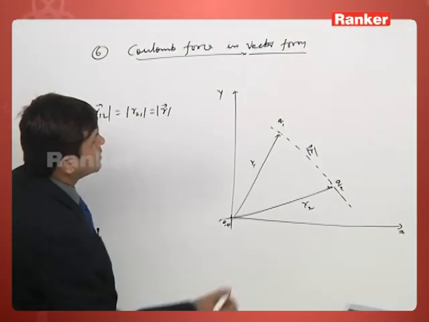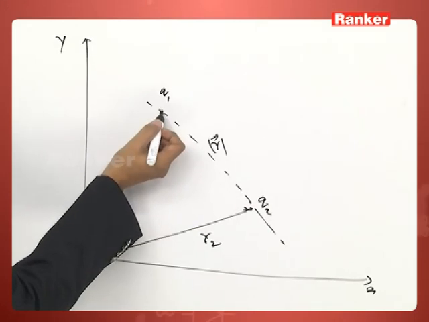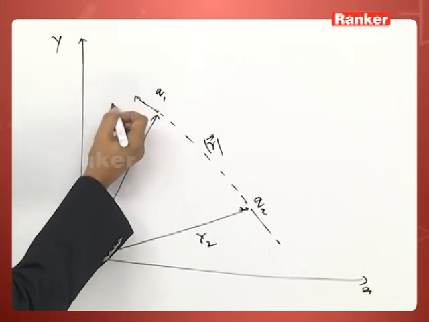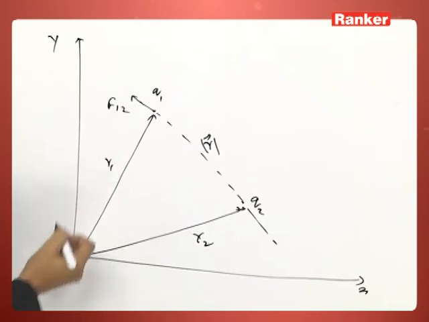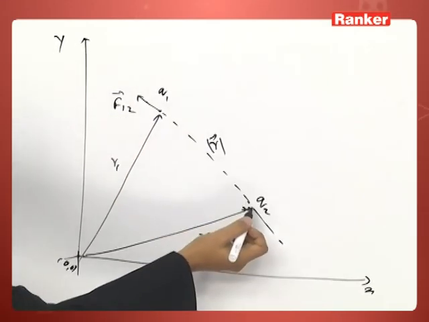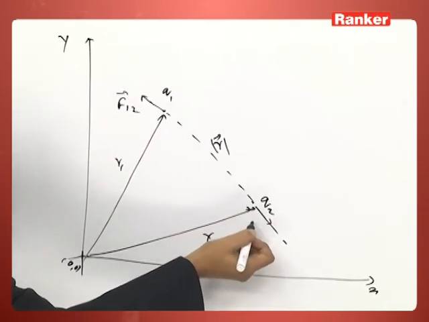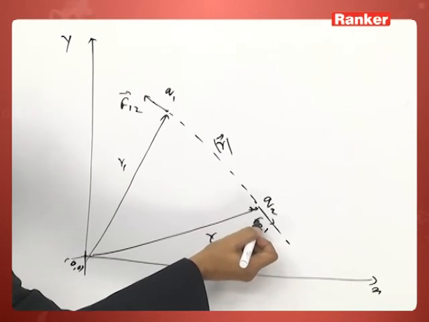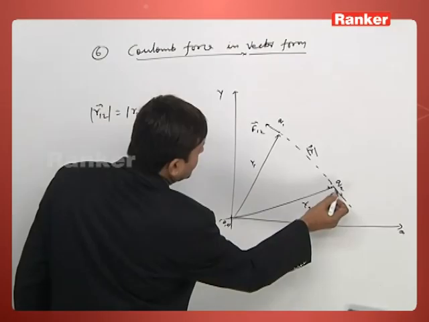Now, force on charge Q1 in this direction, that we can say F12, and force on charge 2 in this direction, F21.